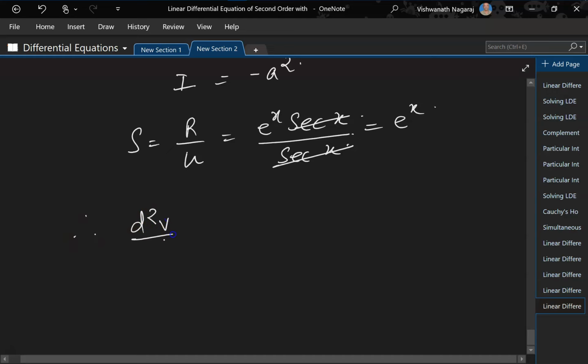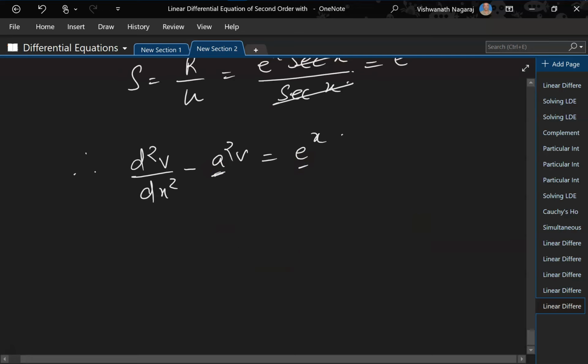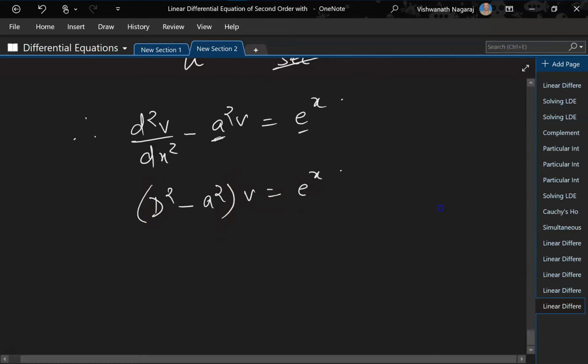So d2v by dx square minus a square v is equal to e to the power of x. This is I and this is s. Okay. So now this can be written as d square minus a square v is equal to e to the power of x. Again, we know how to solve this.